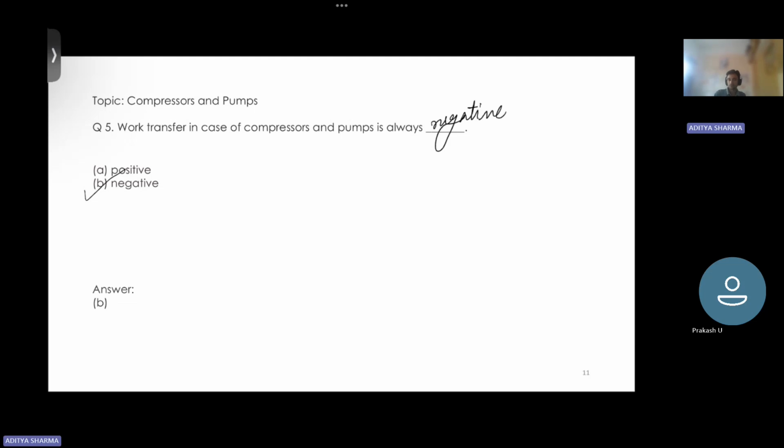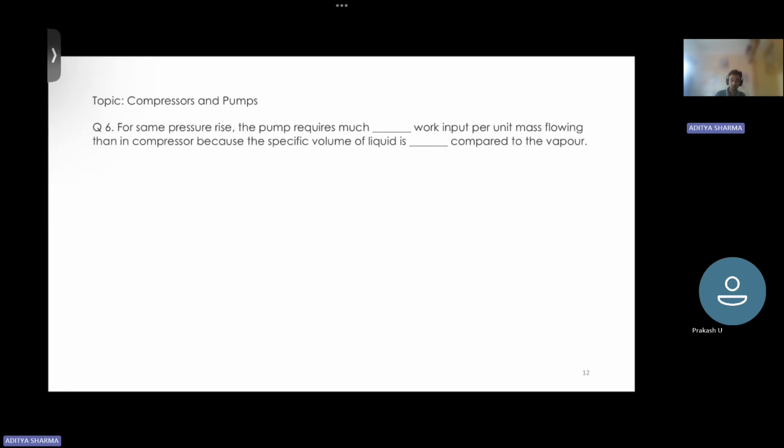Then moving on to the next question, which is question number 6. The question again is on compressors and pumps. We have 4 options. You can try to answer this.